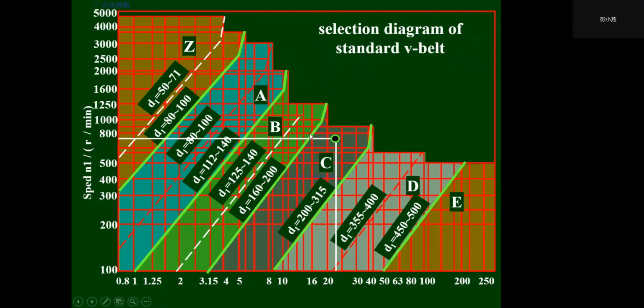And from this diagram, we can choose the type and the diameter D1 for the driving pulley, but it's not absolute. It's just a suggestion.